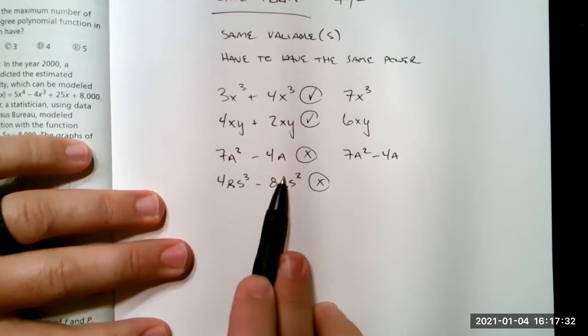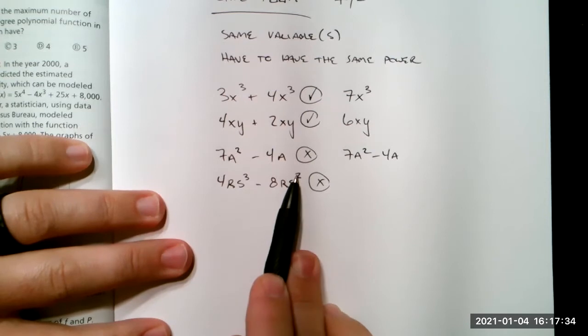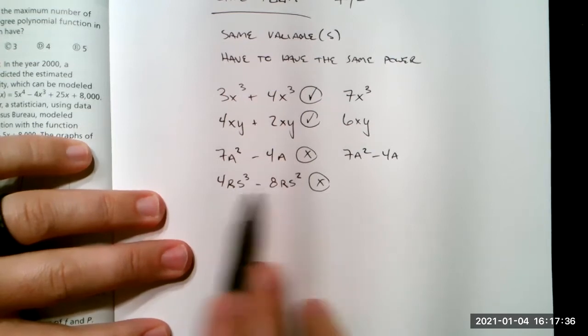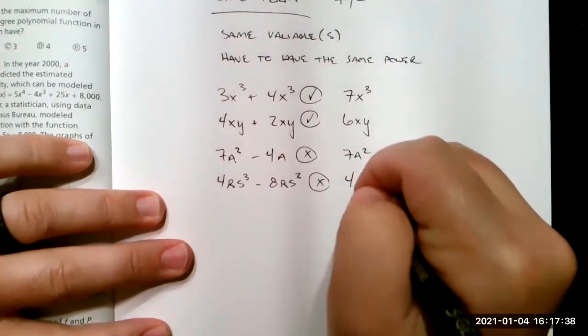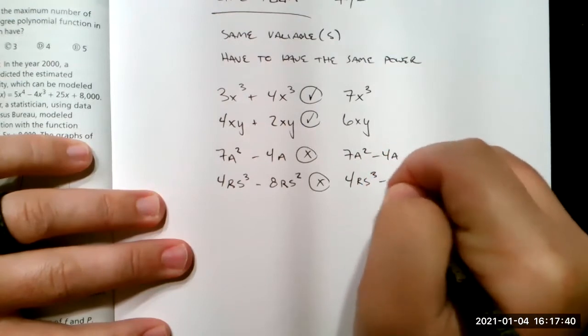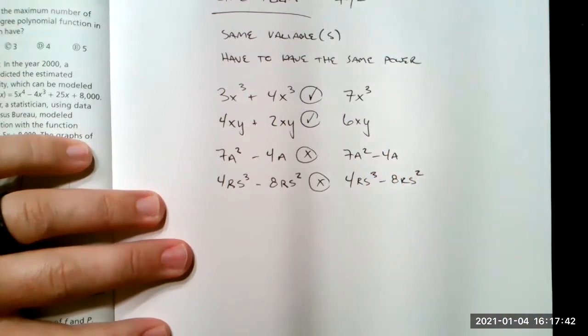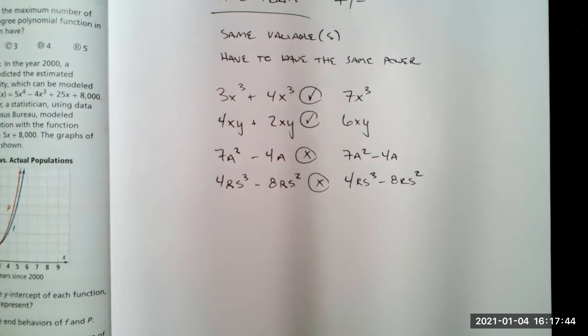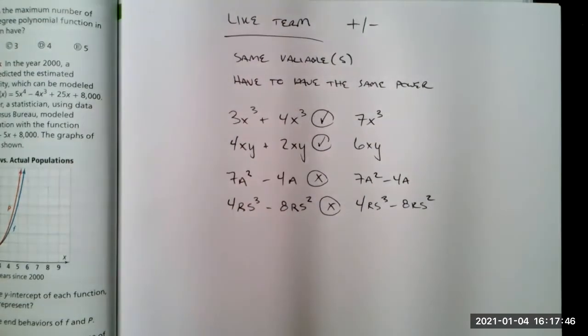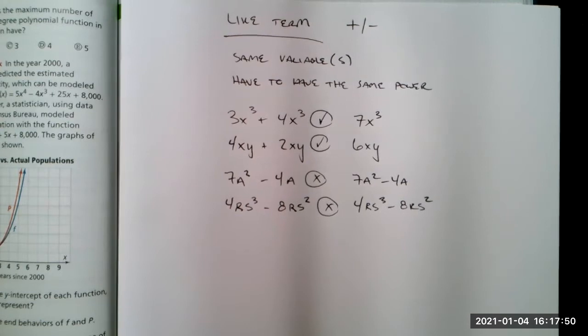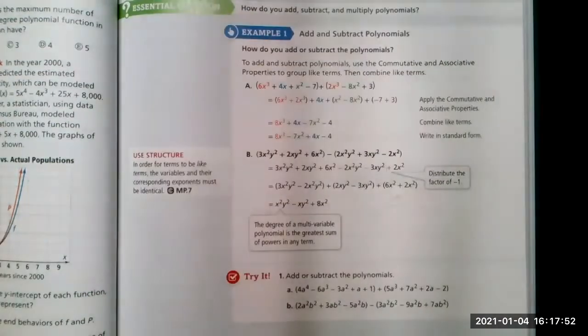This is an r to the first, but that's an s to the second. These are not like terms. I can't add them together. They just stay separated like that. All right. So like terms, same variable to the same power, I can add them together. If they're different variables to different powers, I can't do anything with them.